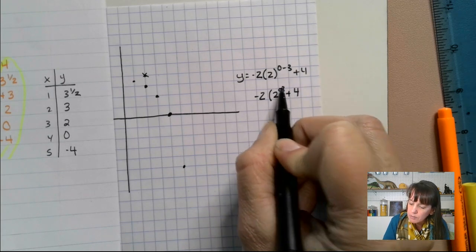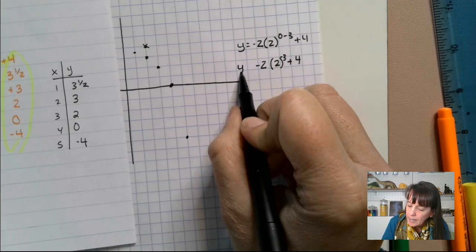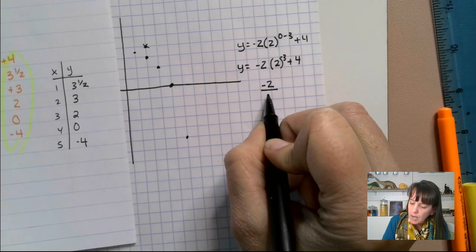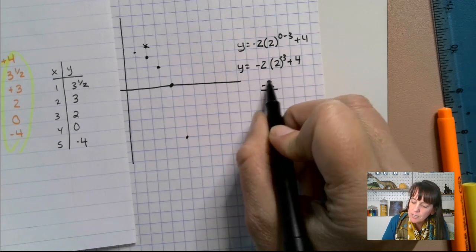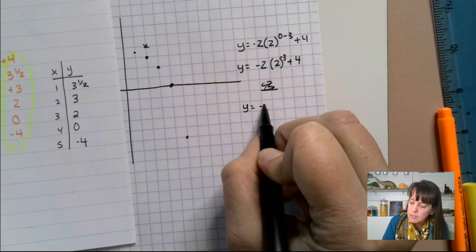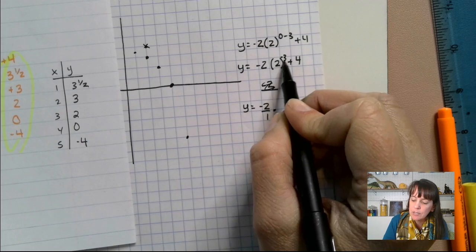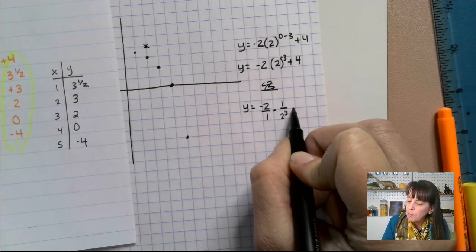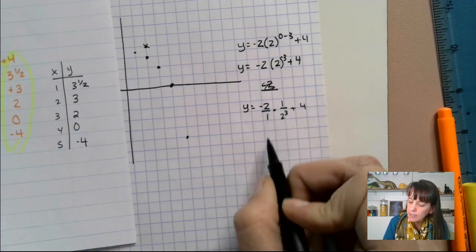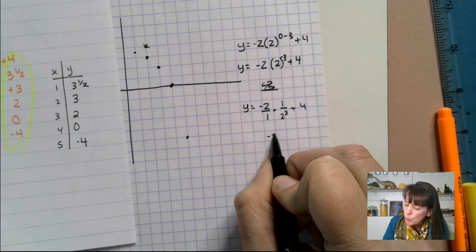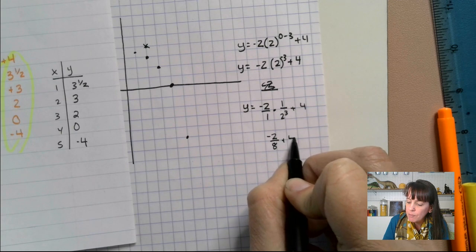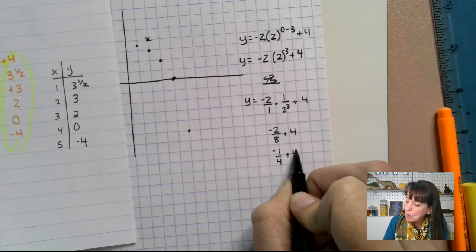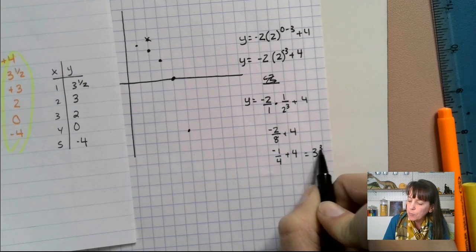So y equals -2 over 1 times, now this is that negative attitude, got to take it downstairs, 1 over 2 to the third, plus 4. So what I have here is -2 over 8 plus 4. So that's -1/4 plus 4. So that gives us 3 3/4.